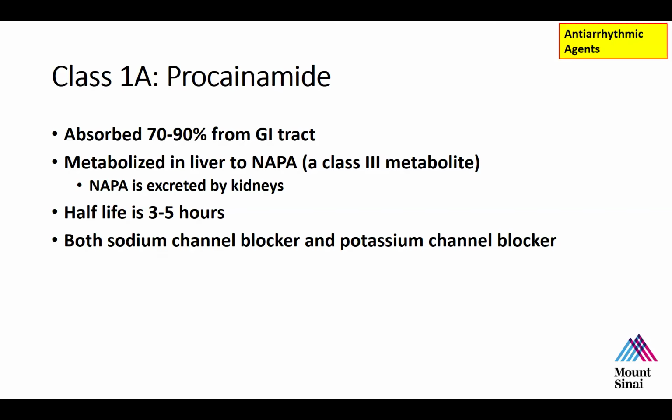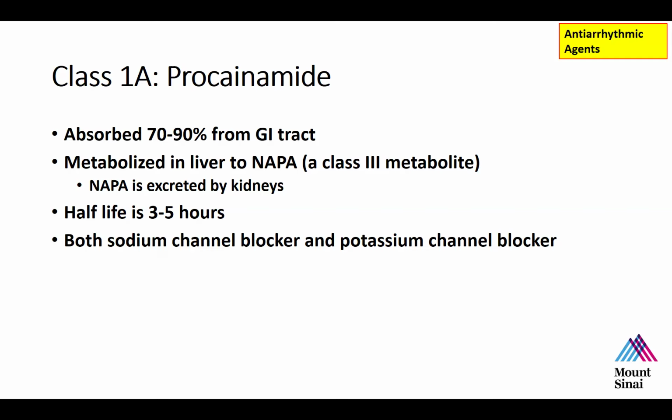There are other reasons which we'll go through why proc is not used as a chronic agent very commonly anymore, although it used to be. It's metabolized in the liver to NAPA, which is a class 3 agent or metabolite, which is excreted by the kidneys. So with proc, one needs to have both a good functioning liver and kidneys to properly excrete it.